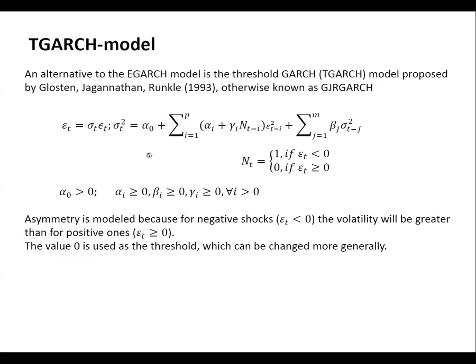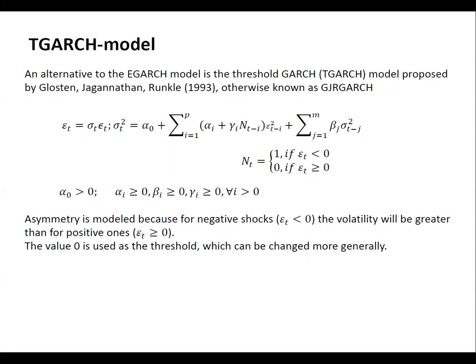This model is also used to model asymmetry, only the asymmetry is measured a little differently than in the EGARCH model. Likewise, the residual of the ARMA model is split into the standard deviation and the standardized residuals.